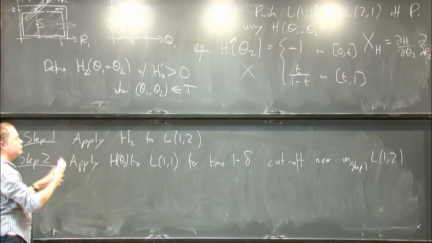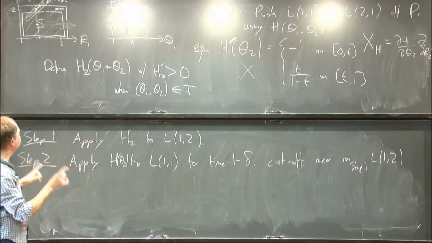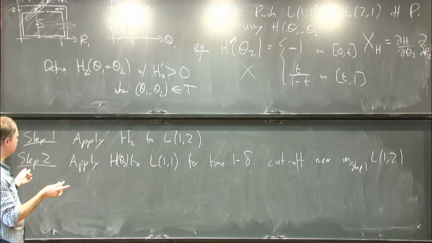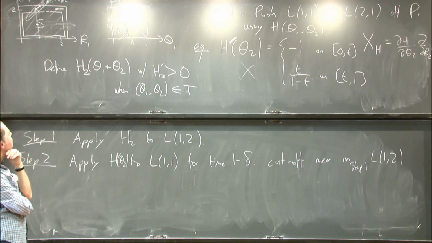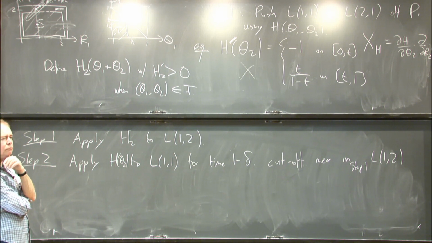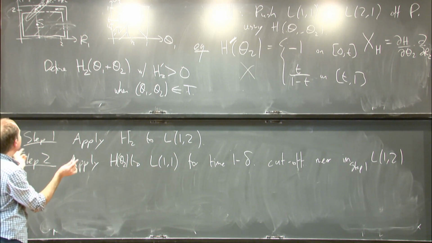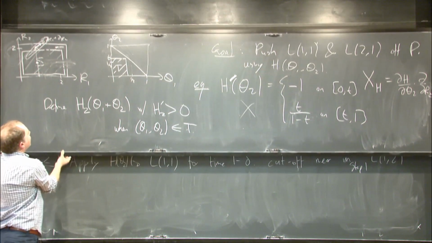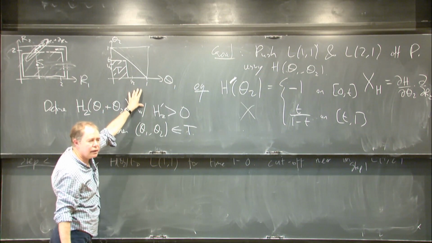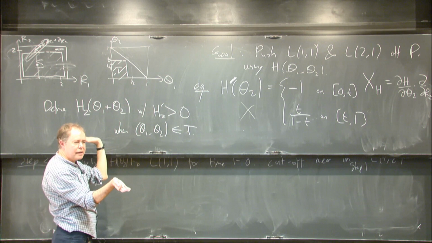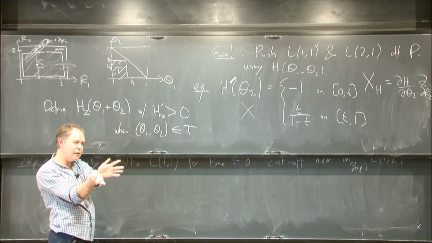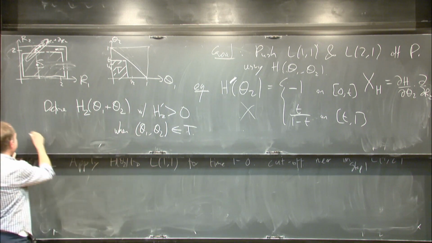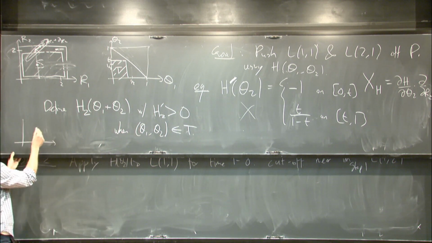I missed something a while ago that's more basic. Your region, capital T, how do you get it? Why isn't capital T forced to be the whole square? No, because you take the product of S and T. They're still product sets. So it's still going to be a product of some set in the R1 θ1 plane and some set in the R2 θ2 plane.